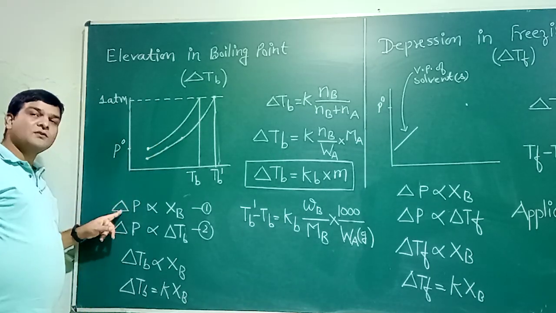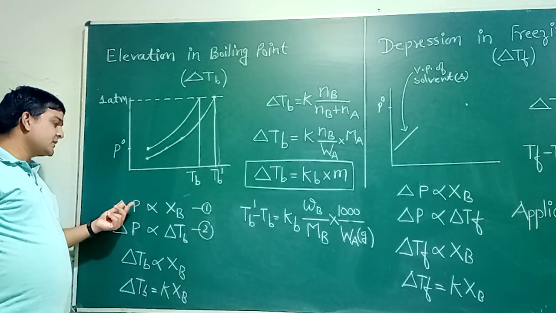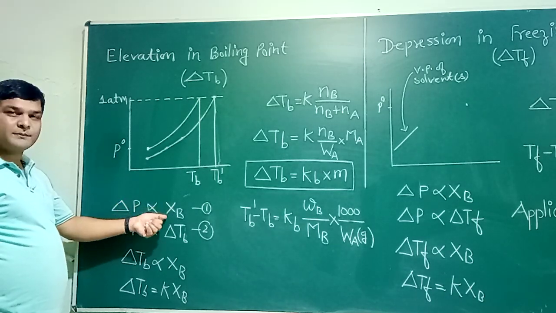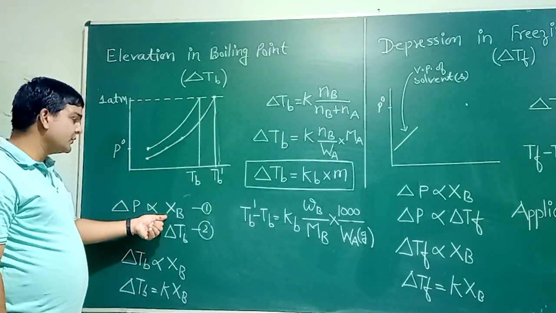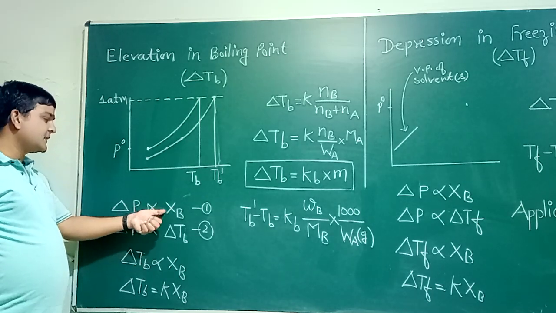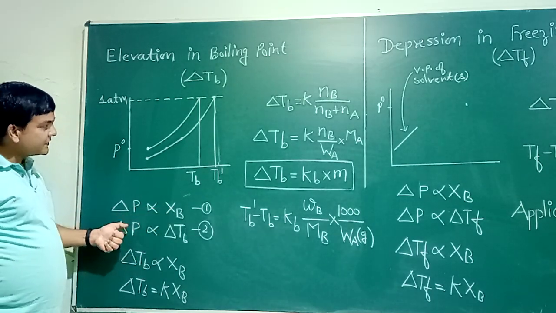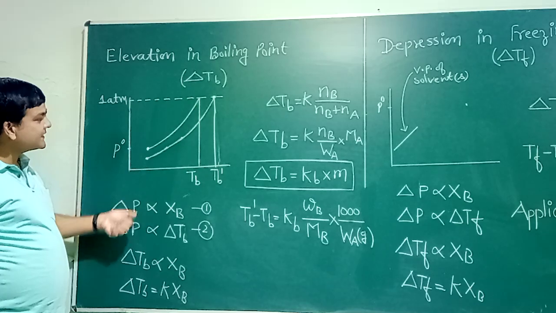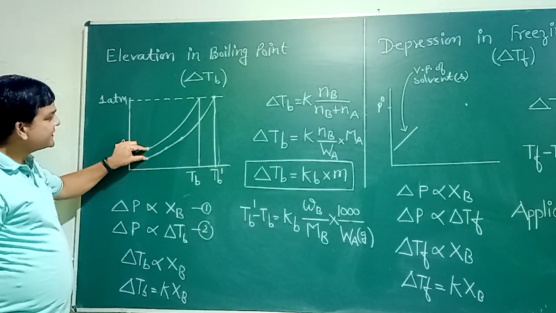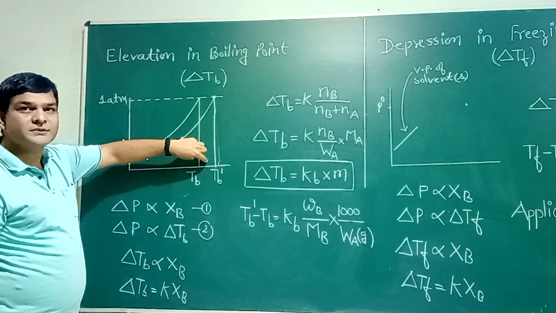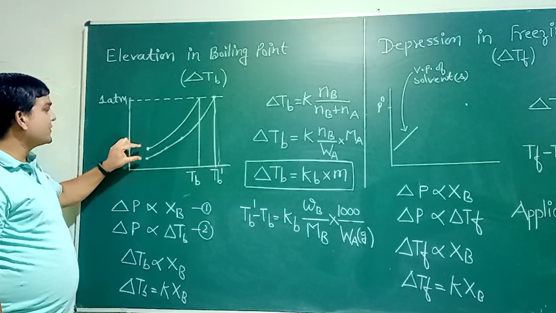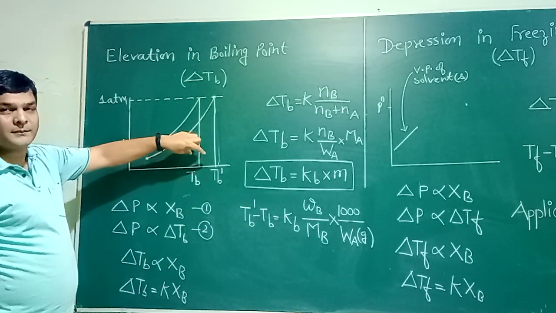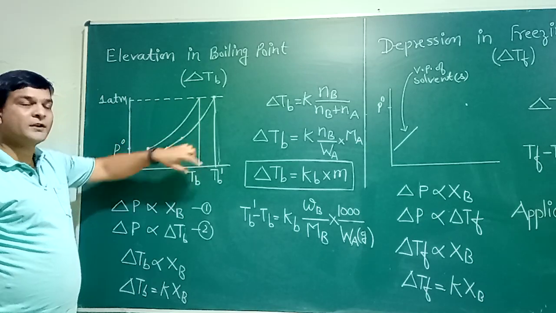Now this is from Raoult's law: lowering in vapor pressure is directly proportional to mole fraction of solute. You already prepared it. The second relation is from the graph. In this curve, the change in vapor pressure is directly proportional to change in temperature, that is, lowering in vapor pressure is directly proportional to elevation in boiling point.